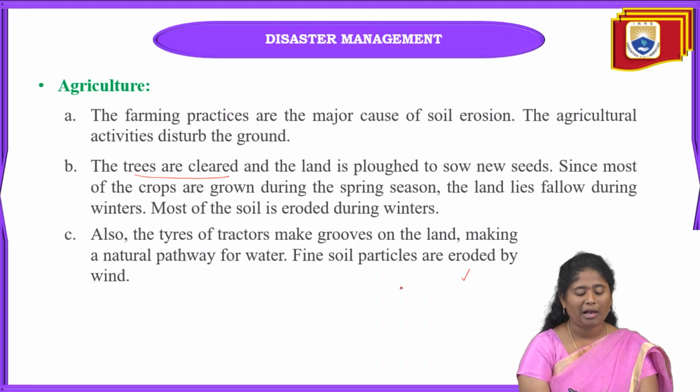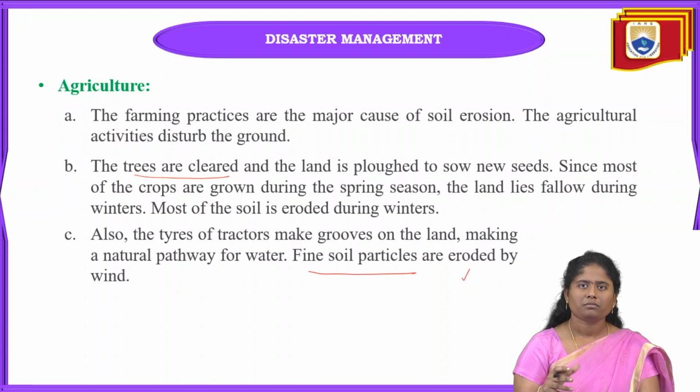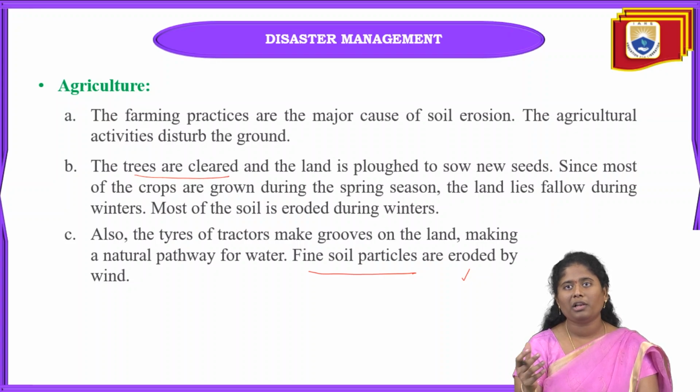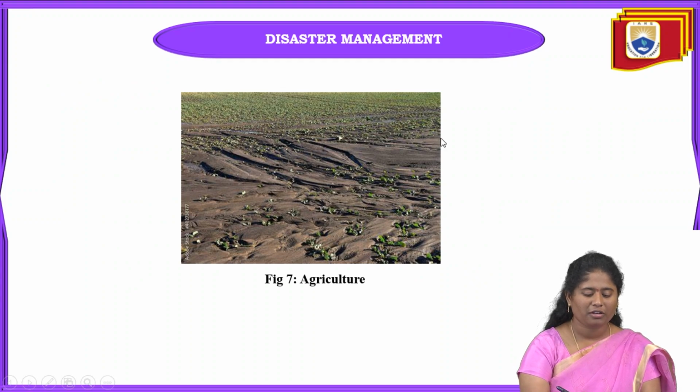At that time fine soil particles can be easily eroded by wind also. When we are plowing the land, very minute winds can happen, and at that time soil can be easily eroded. Like here, after the erosion.